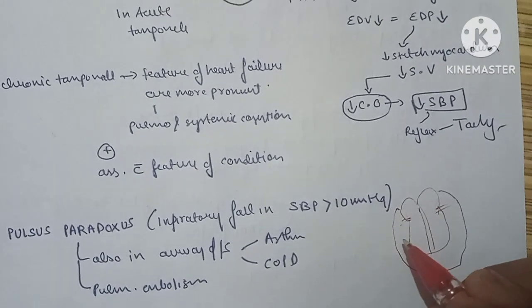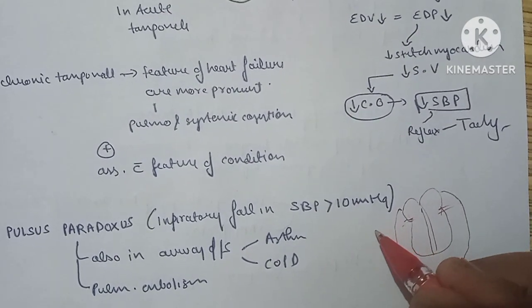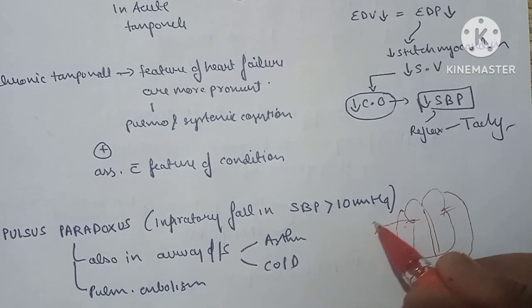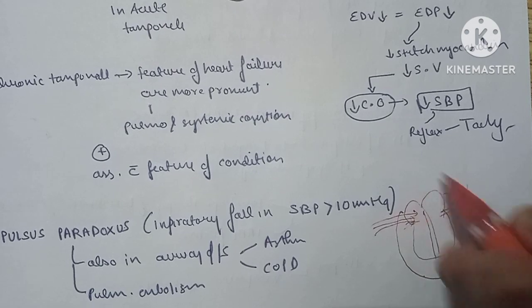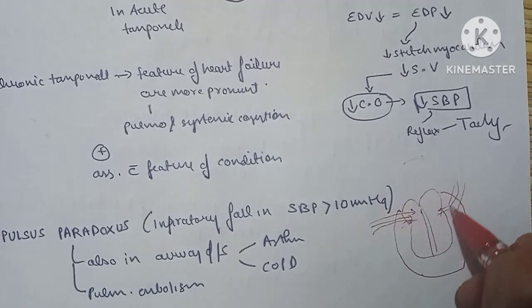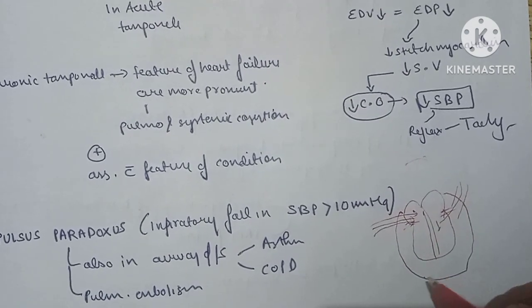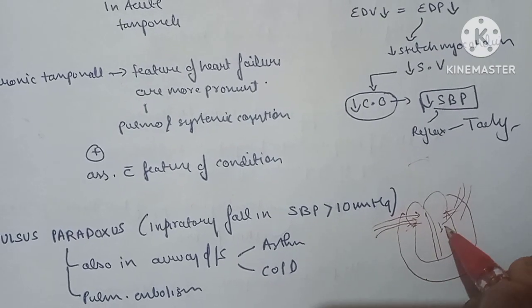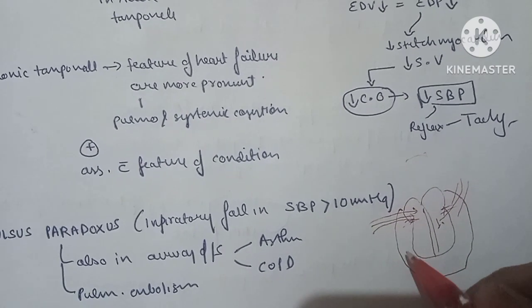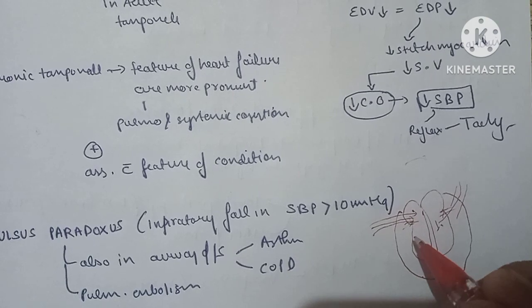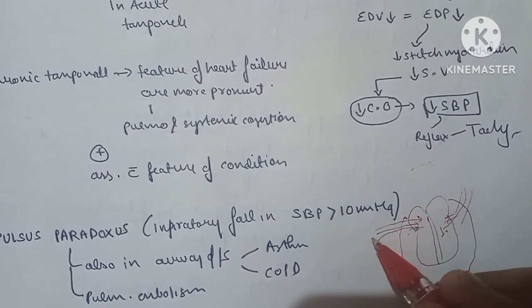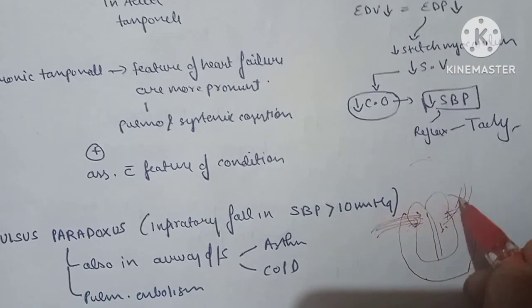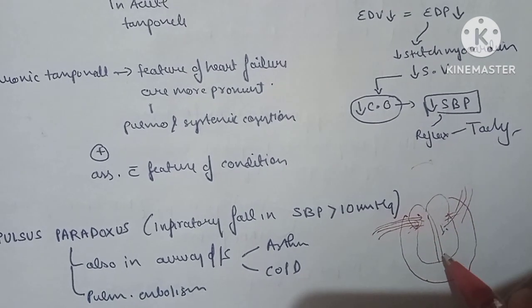During inspiration, the intrathoracic pressure becomes negative, and this negative pressure is transmitted and the venous return to the right side increases, as well as the pulmonary compliance increases, so the left side filling decreases. This is a normal phenomenon, that during inspiration, because of decreased intrathoracic pressure, intracardiac pressure decreases, venous return to the right side increases and left side filling decreases.